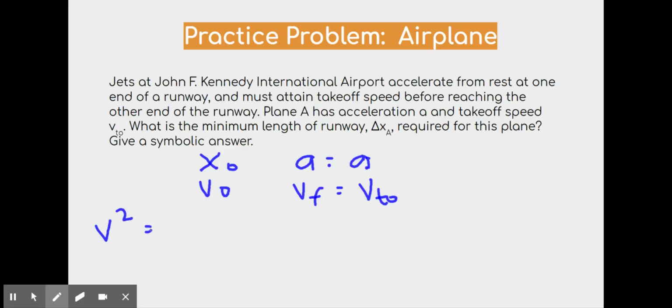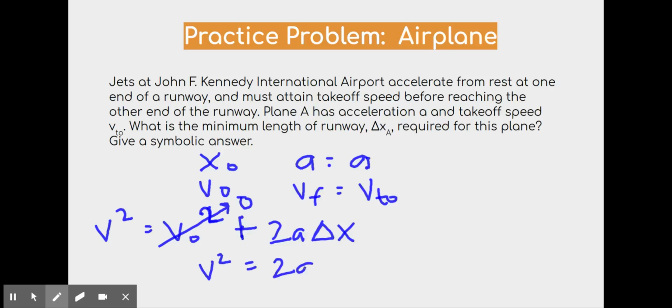v squared equals v naught squared plus 2a times delta x. Okay, so we can get rid of one of these terms immediately. Our initial velocity is 0. That means we have v squared equals 2a delta x.